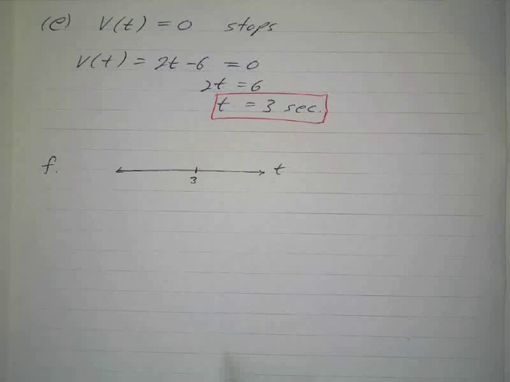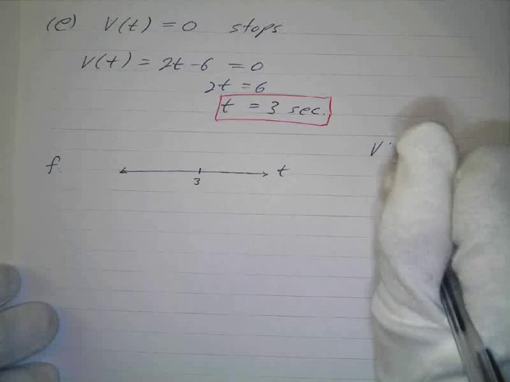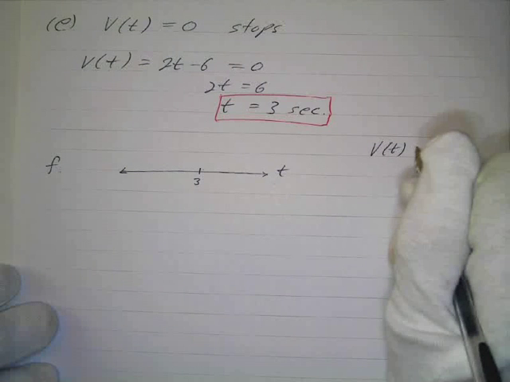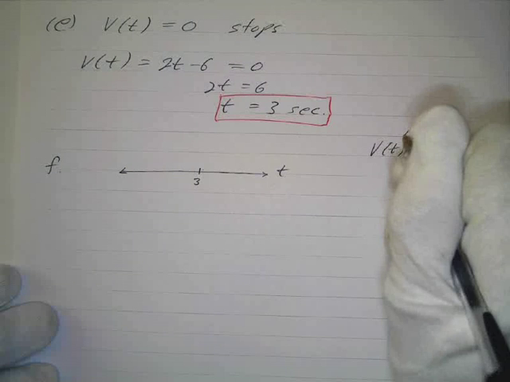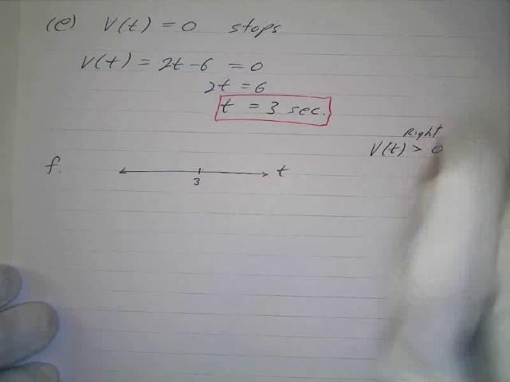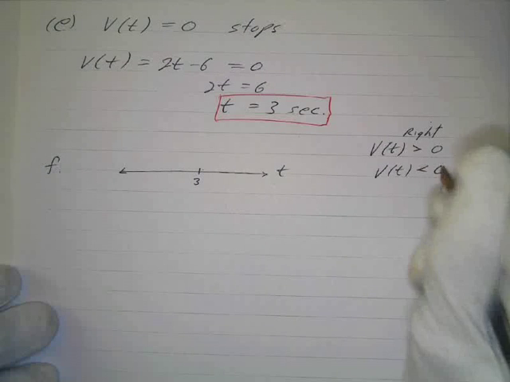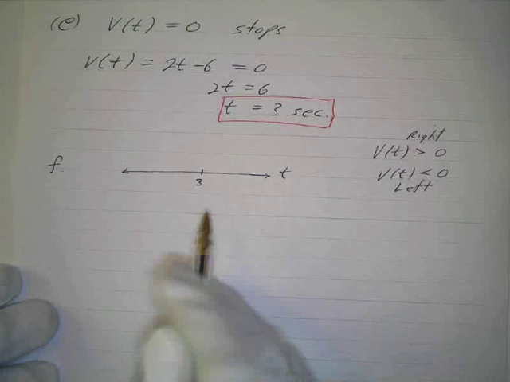Now, remember, if the velocity as a function of t is positive, greater than 0, that means I'm moving to the right. If the velocity is negative, less than 0, that means I'm moving to the left. So I just need to check the velocity.